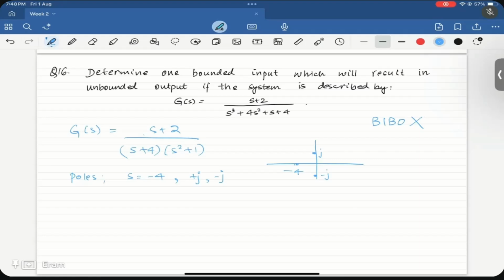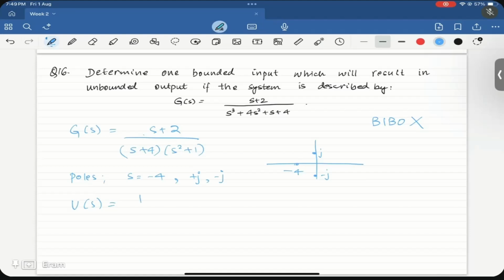In order to make the response unbounded, we identify that one input which can make repeated poles on the imaginary axis. We have imaginary poles located at plus minus j, that is, frequency is 1.